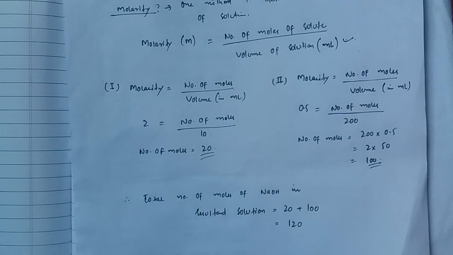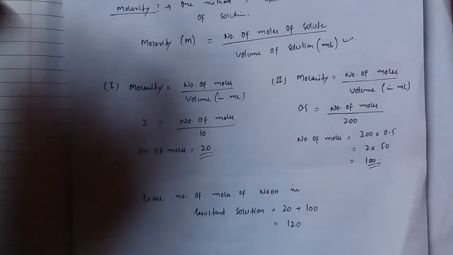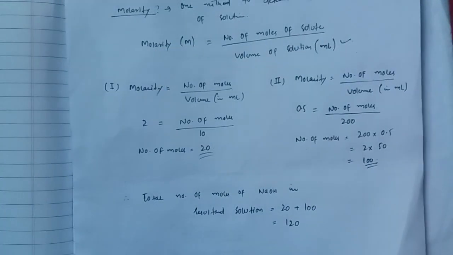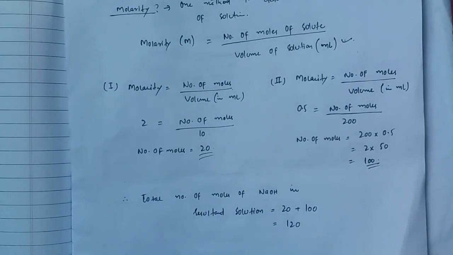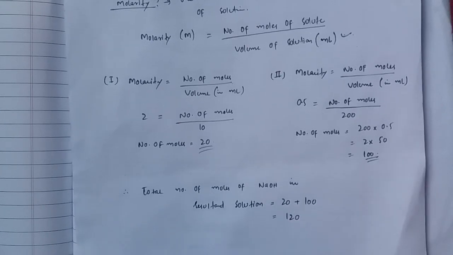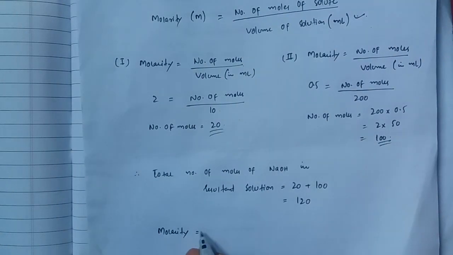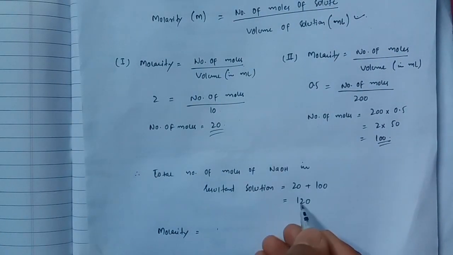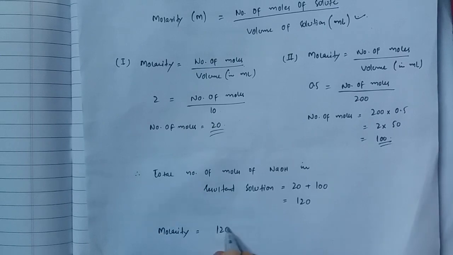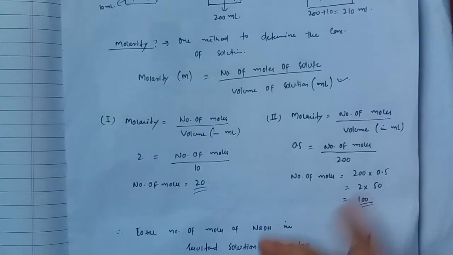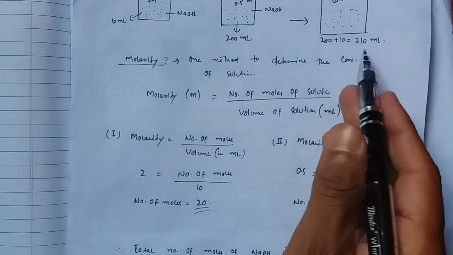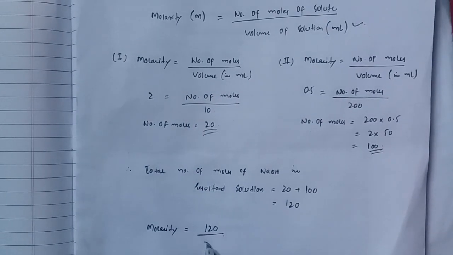So again, using the same formula, that is molarity equal to number of moles of solute divided by volume of solution, we will now get the molarity of the resultant solution. So molarity will be equal to how much? Number of moles, that is now 120 in the resultant solution, divided by the volume of the resultant solution is 200 plus 10, that is 210 ml.